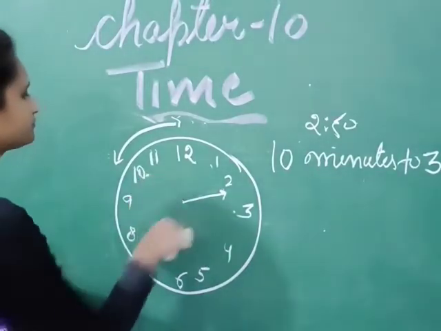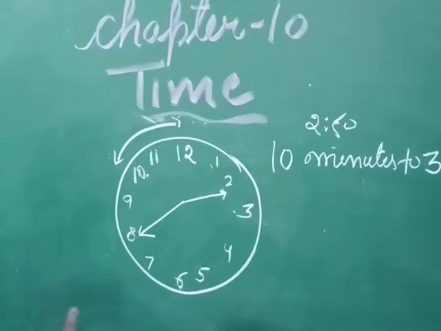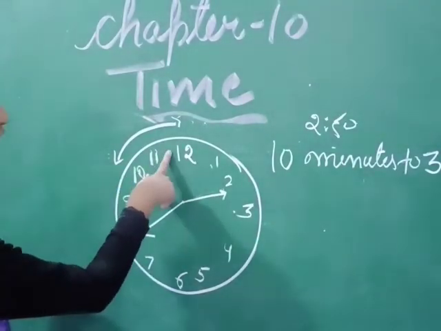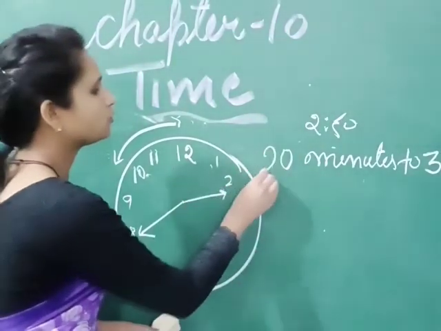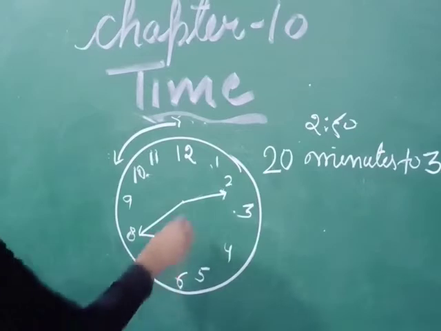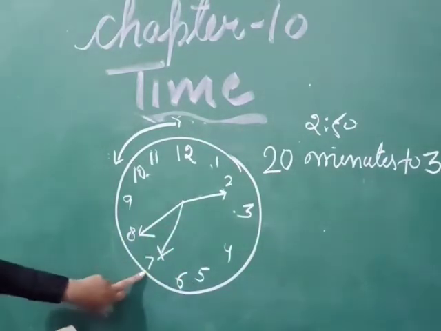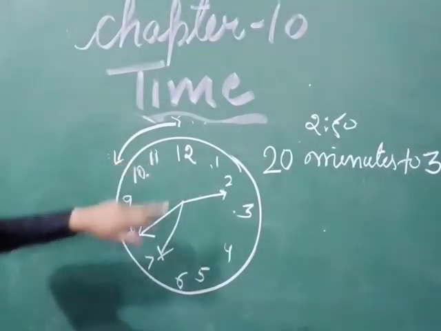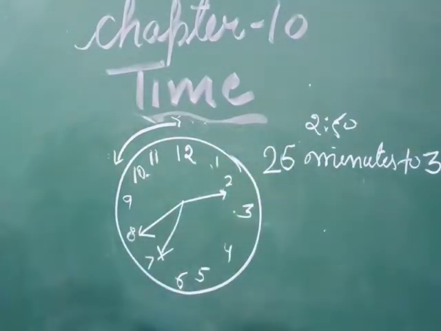What if the minute hand is at 8? Then you will start counting from 8: 5, 10, 15, 20. So what will you write here? 20 minutes to 3. If it will be at 7, you have to start from 7: 5, 10, 15, 20, 25. Then it will be 25 minutes to 3.